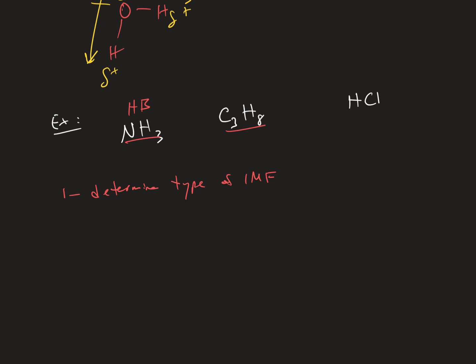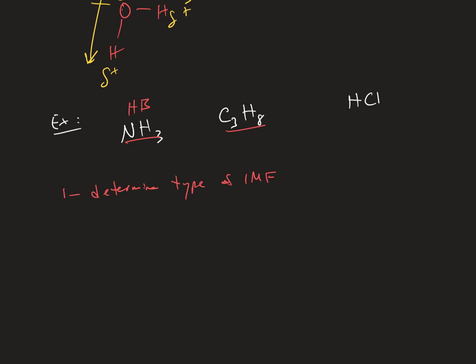What about C3H8? Is that a polar molecule or a non-polar molecule? Non-polar. How do you know right away? They're super close. Carbon-hydrogen bonds. That's it. Do you remember that? If a compound only has carbon-hydrogen bonds, it's non-polar.